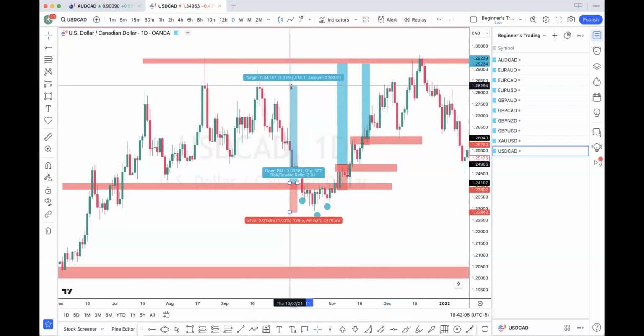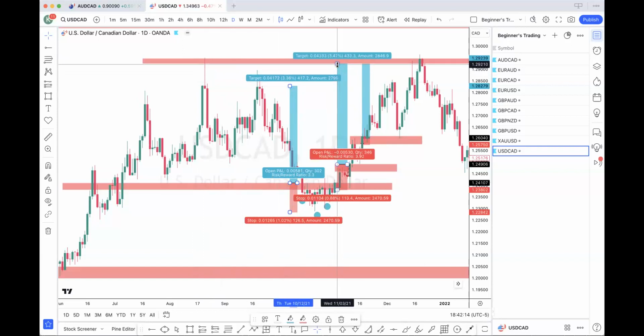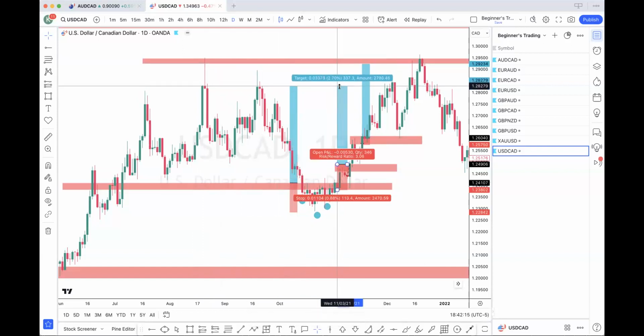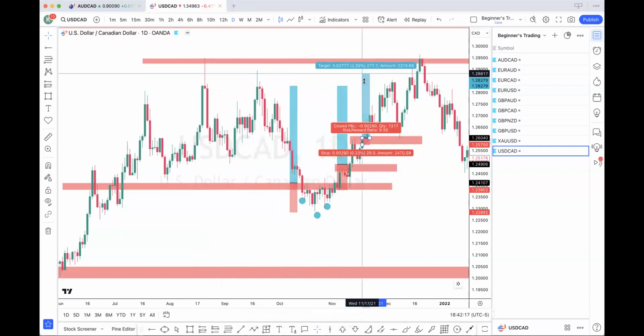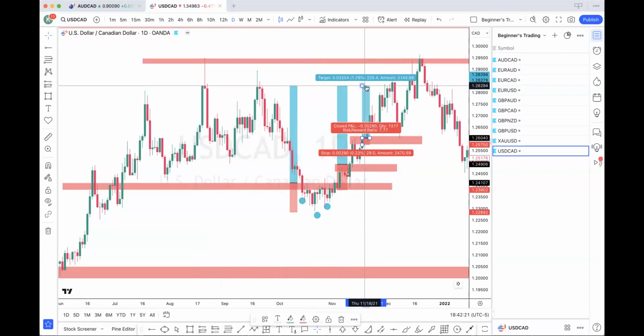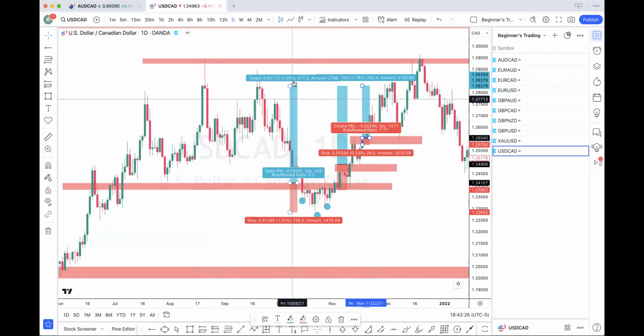Again, you could have put it here, because as you can see, that's the level of resistance right here. It still would have been some great pips. So either way, you could have done that. That would have been 225, 337, and 417.